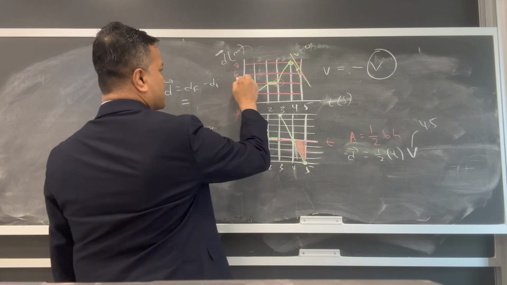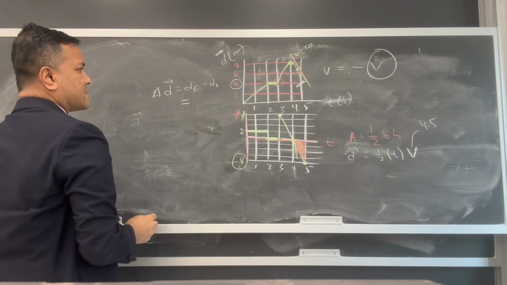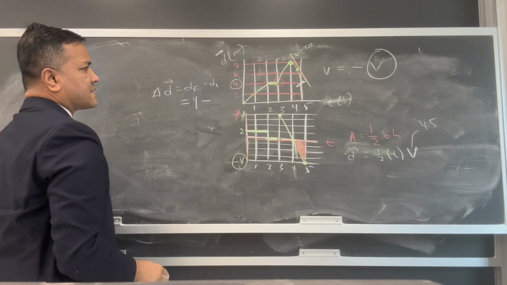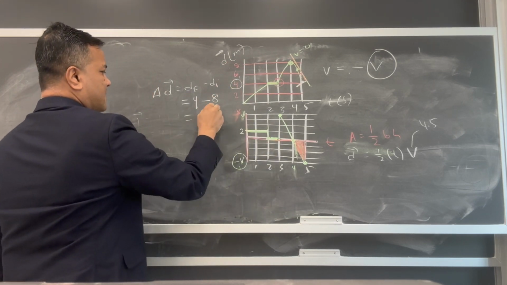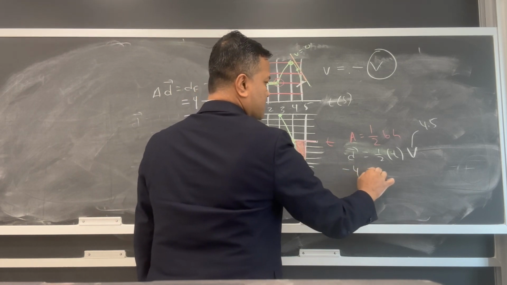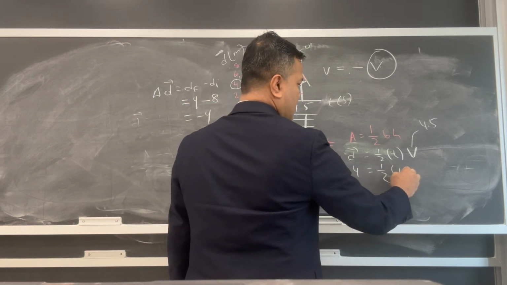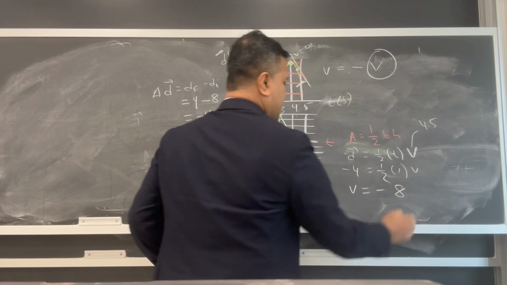d final is how much? At 5 seconds it is 4. At 4 seconds, however, it is 8. So displacement is negative 4. Negative 4 is equal to half times 5 minus 4, which is 1, times velocity. Velocity is then negative 8.